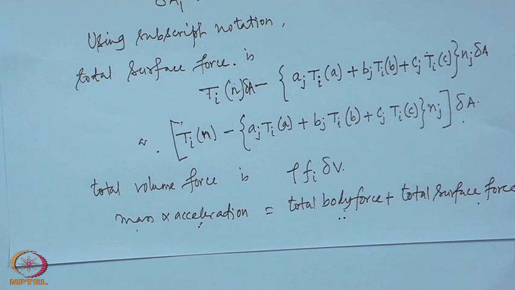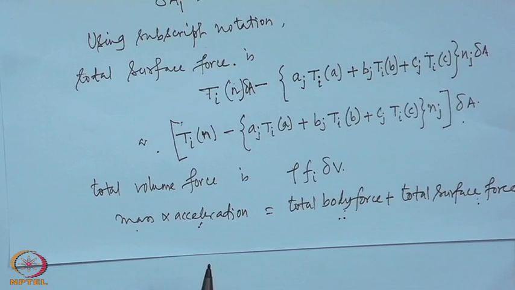Agreed, because the left hand side term, the body force term and this acceleration term or the inertia force term is proportional to delta v, which is the cube of the characteristic size, while this total surface force is proportional to the square of the characteristic size.